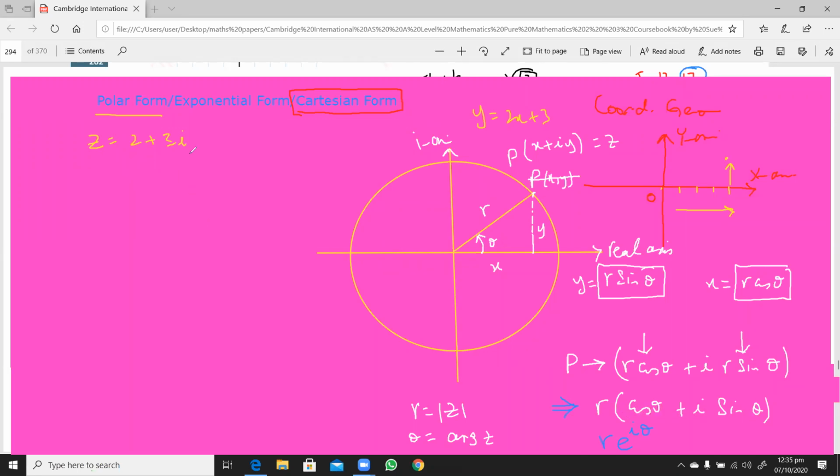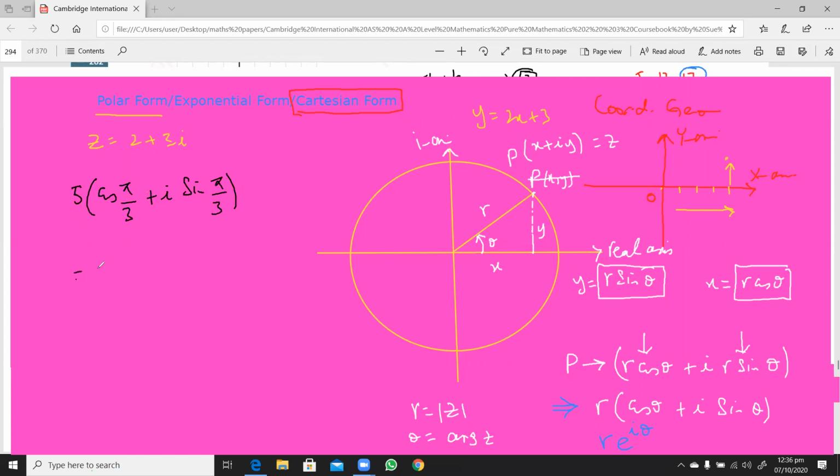Now imagine you have a complex number. Suppose there is a complex number which is 5 (cos pi by 3 plus iota sine pi by 3). Now we want to convert this complex number back into the Cartesian form because this is right now written in the polar form.